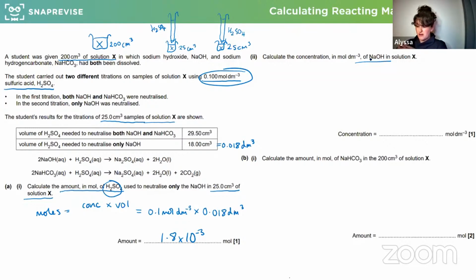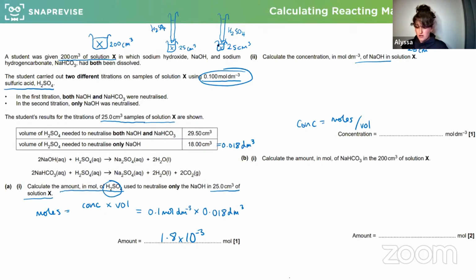I only have the 25 centimeters cubed because that's my volume of solution X. I'm calculating concentration. I have a volume, I need to find out moles. So concentration is equal to moles over volume. I know my volume of solution X is 25 centimeters cubed because I was told that in the question. So I need to find the moles. So how do I find the moles?